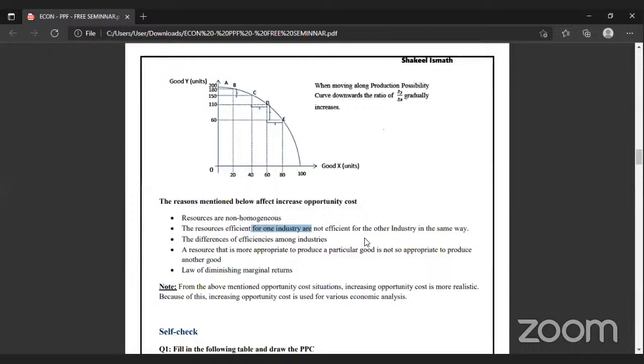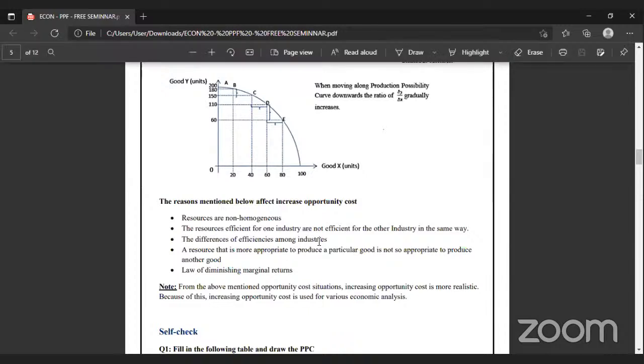I told you, for example, I am efficient in economics. If you ask me to teach business studies or accounting, can I teach? No, because I am not efficient in that. I don't have that fluency. But in the straight-line opportunity cost, we are saying both are the same. So that's not practical. It can be practical only after training. There is a difference in efficiency among the industries.